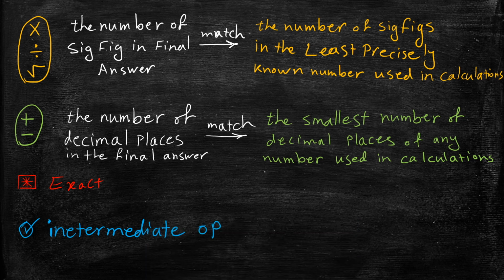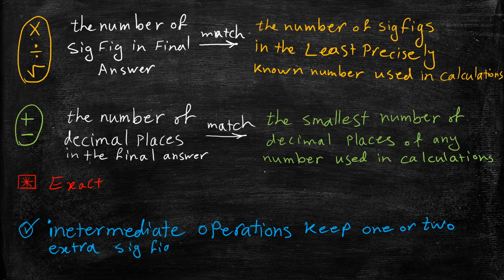Meaning when you're reading off your calculator, if it's an intermediate step and you're still far from your final answer, keep extra significant figures. You can even just keep the original number that you read from your calculator, the entire number, and then your final answer, present that according to these rules, to the right number of significant figures.